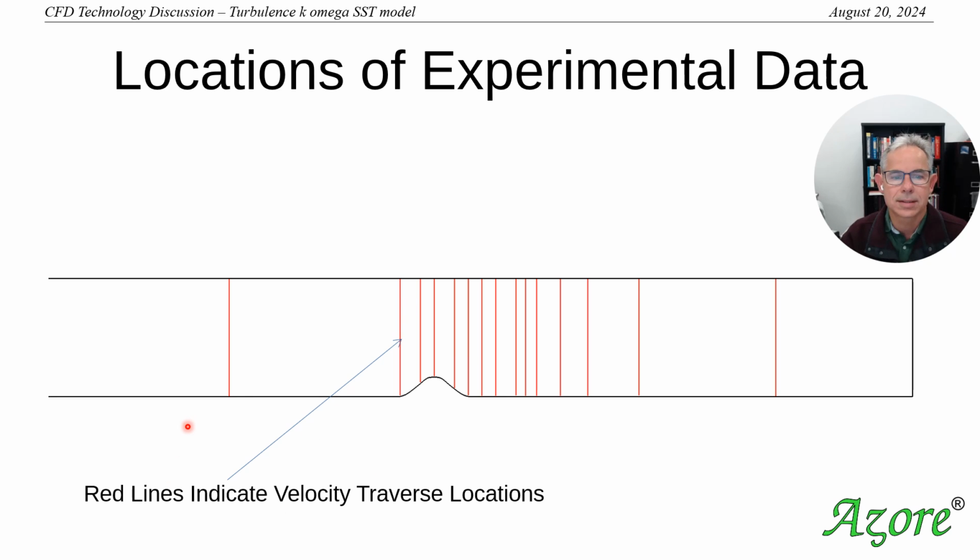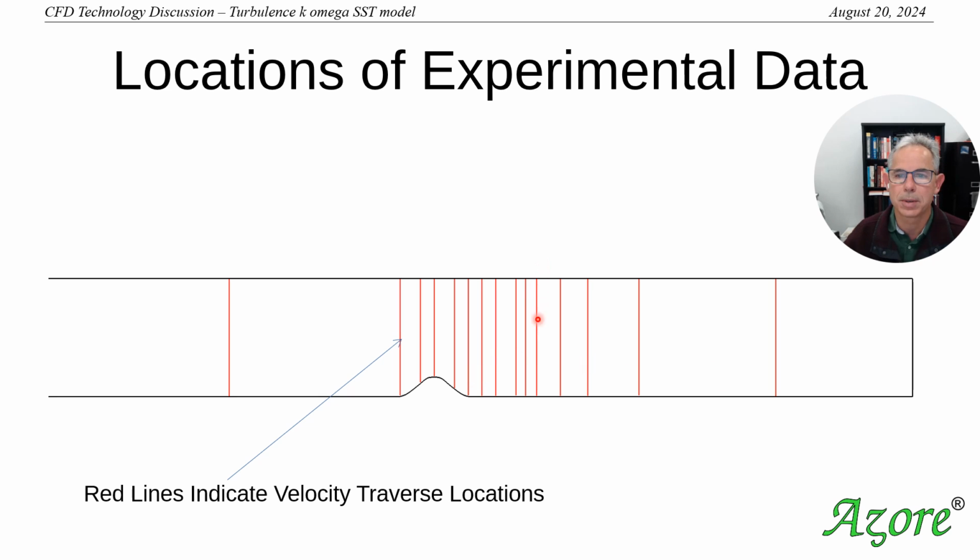In terms of the data that's available from the experimental setup, there are a number of traversals made. These red lines throughout the domain are where experimental data was collected. There's one line significantly upstream of the hill itself, and then a number of lines going downstream as the flow goes over the hill, and then there's a recirculation zone that forms here, and then as it recovers.